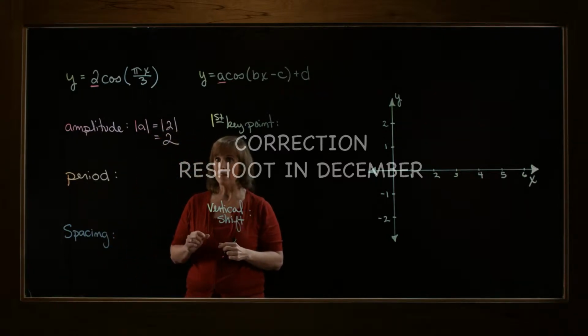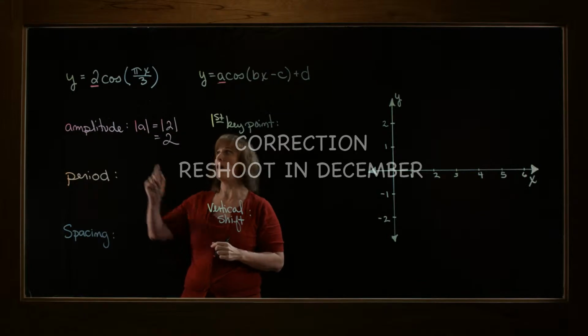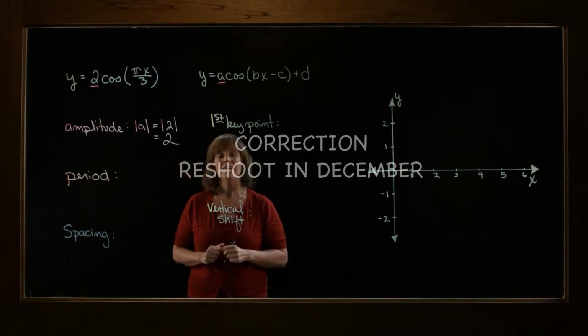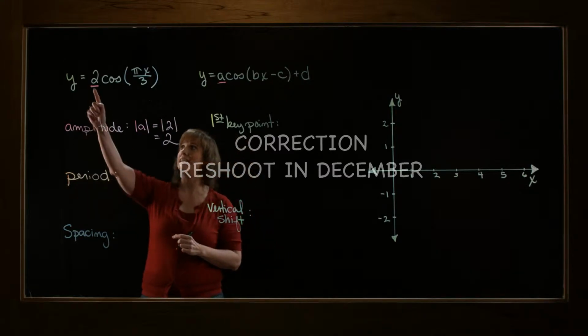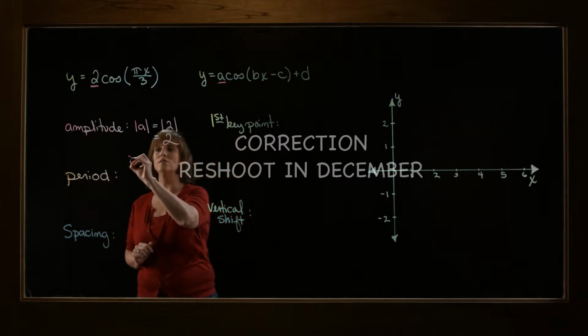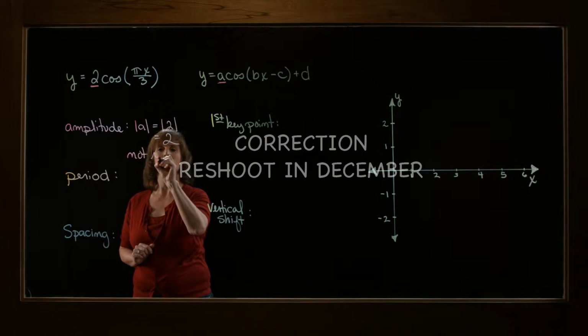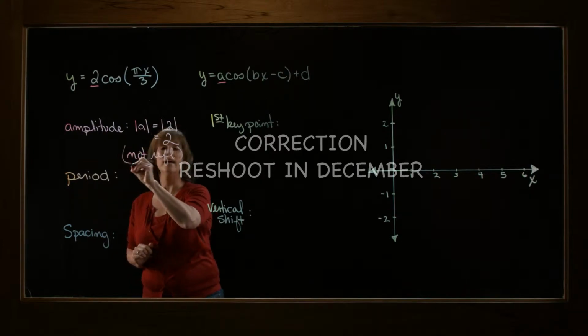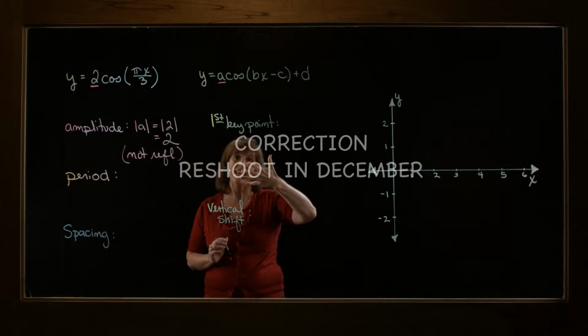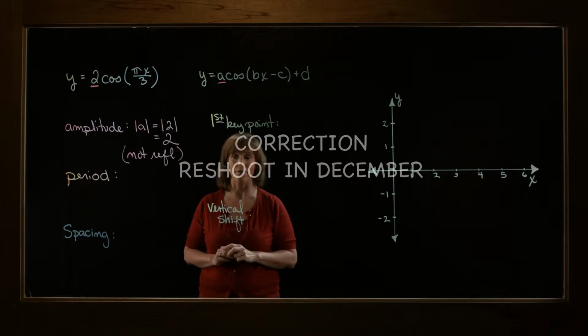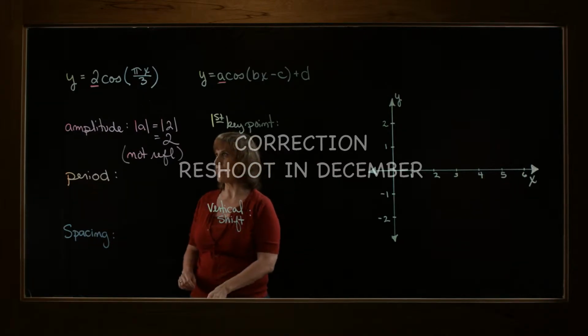Now, another piece of information that you can get from that leading coefficient is whether or not my graph is reflected. In this particular case, this is a positive 2, so it's not reflected. If it had been negative 2, the negative would have flipped the entire graph. Okay, so that's the amplitude.